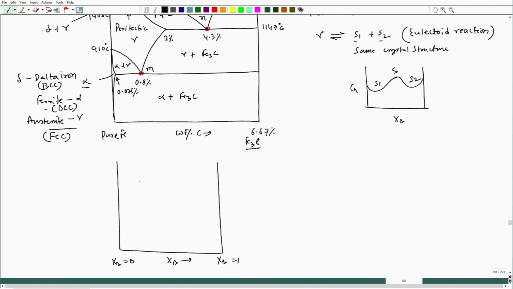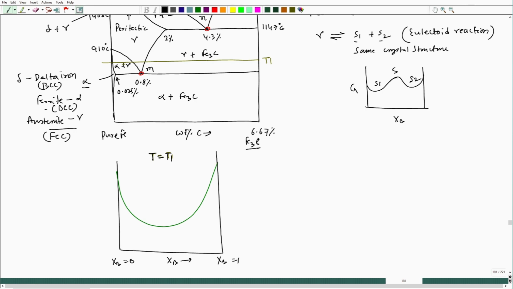Let us say I am drawing at this temperature, T equal to T1. Here the gamma phase will have a continuous line, or I can draw it with green color. This is gamma 1.